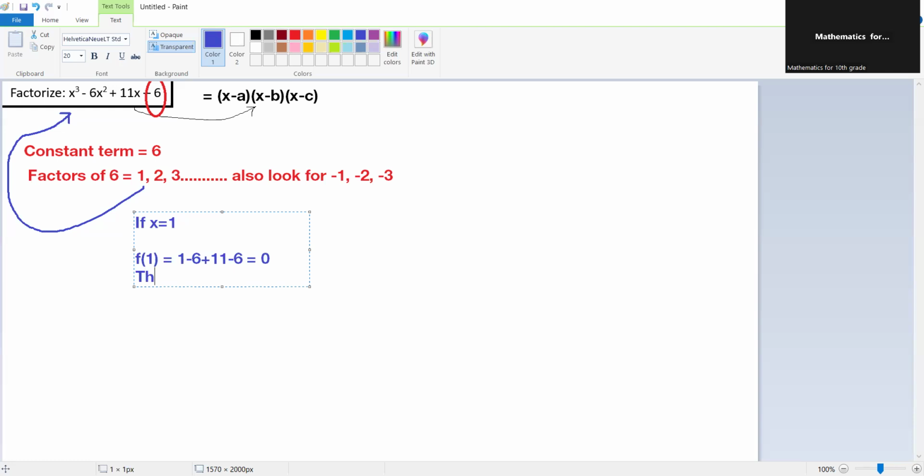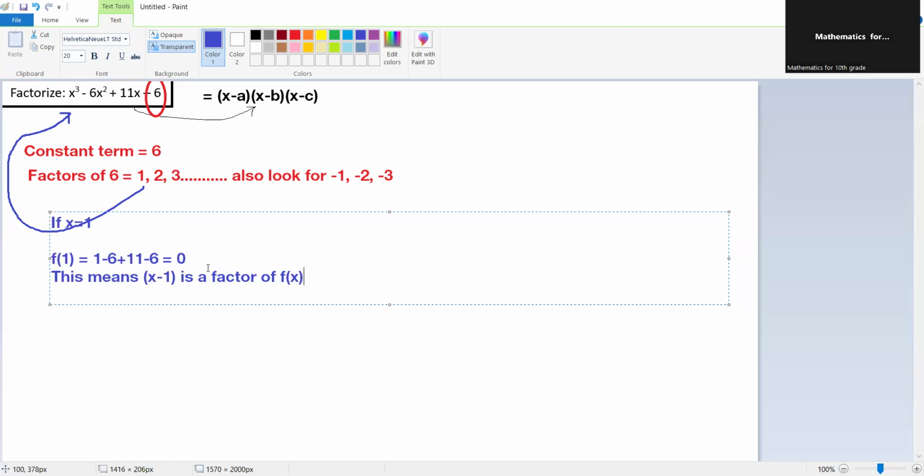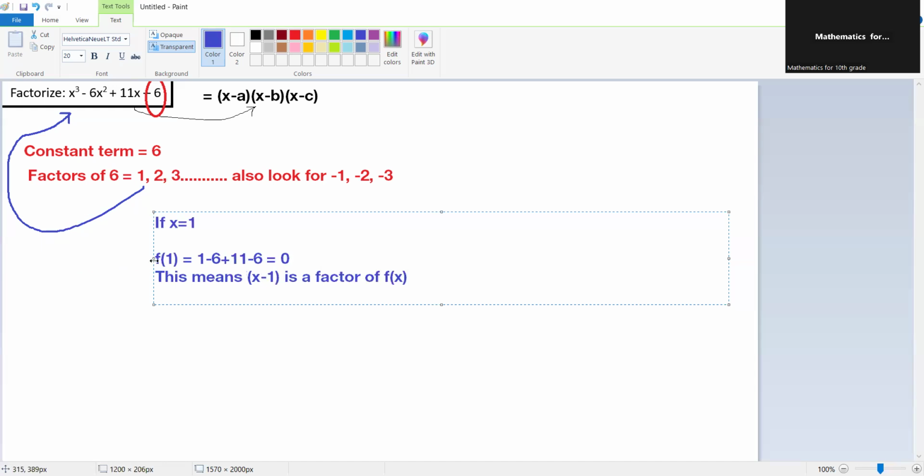This means x minus 1 is a factor of f of x. Now what is f of x? That is the sum for which we are trying to find the answer. f of x is x cube minus 6x square plus 11x minus 6.